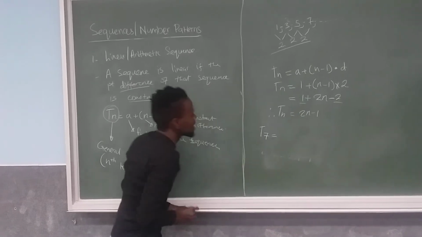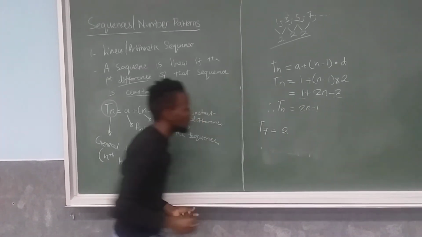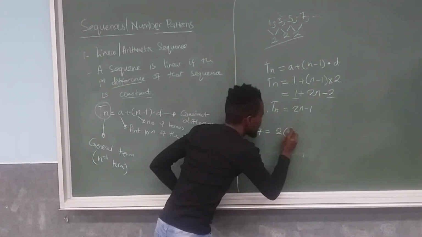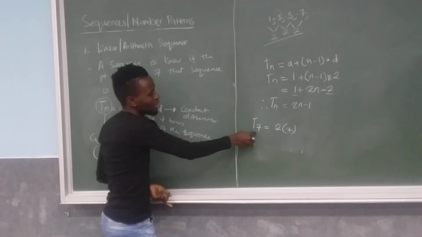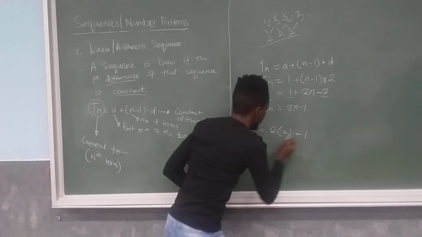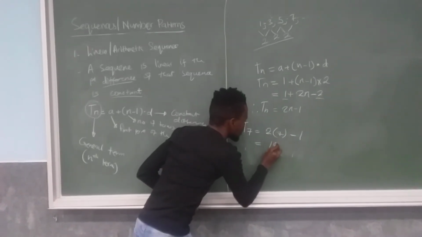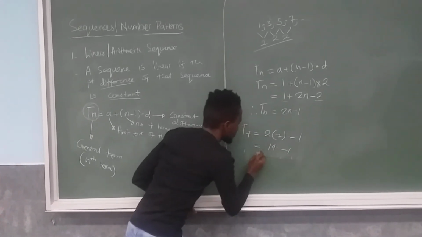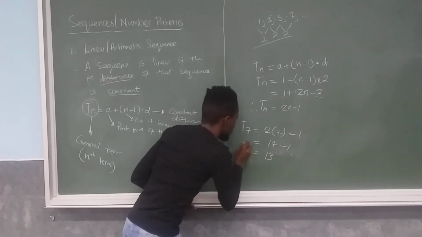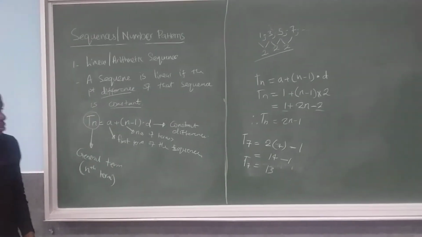So we have Tn equals 2, and where you see n, you substitute 7, because we are calculating term number 7, or the 7th term, minus 1. And then 2 times 7 is 14. And then 14 minus 1 is what? It is 13. So that means our term number 7 is equal to 13.